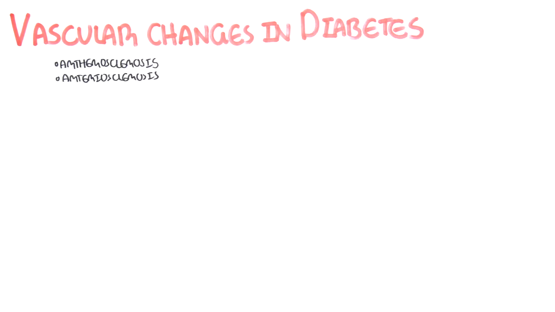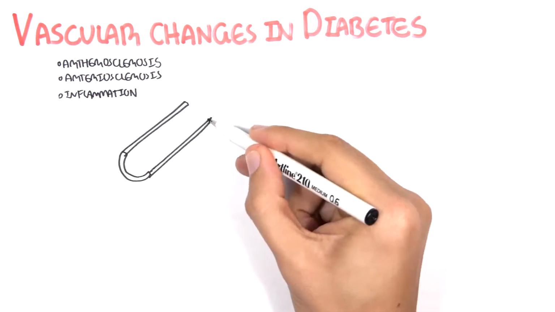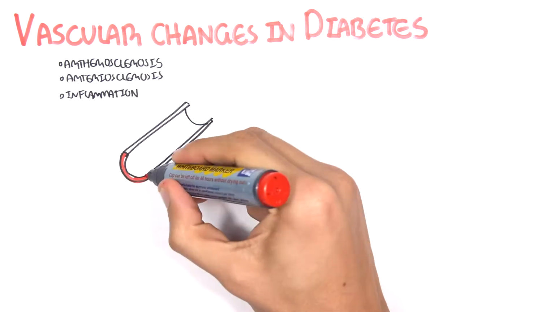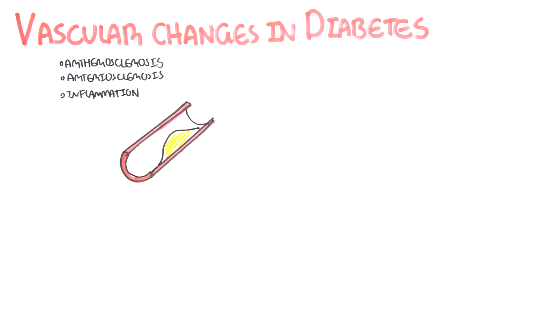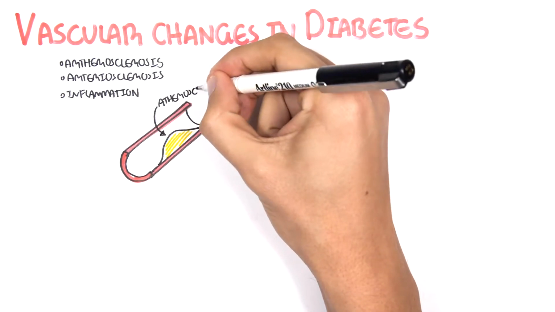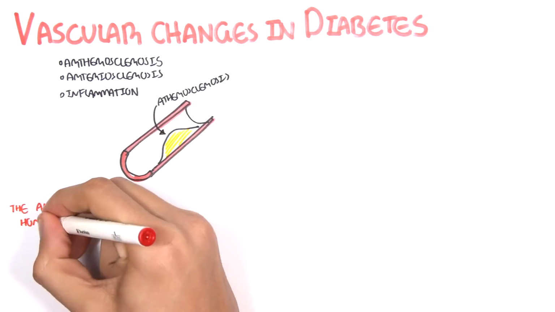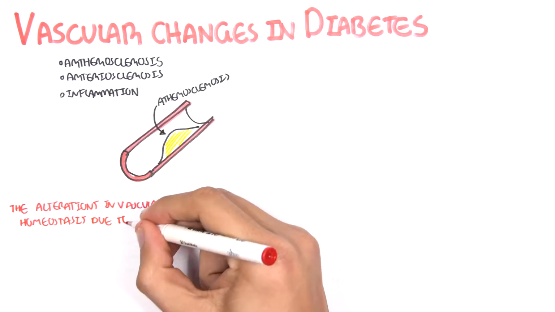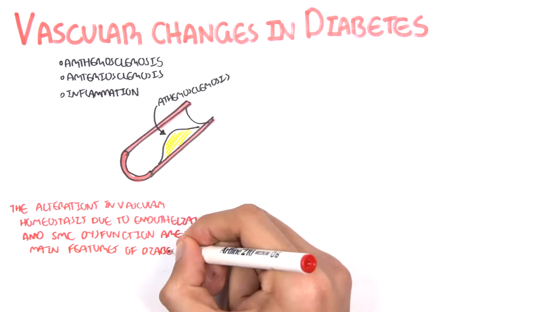Three things happen in the vessels of patients with diabetes: atherosclerosis, arteriosclerosis, and inflammation. Atherosclerosis, remember, is the plaque buildup in the vessel. The alteration in vascular homeostasis due to endothelial and smooth muscle cell dysfunction are the main features of diabetic vasculopathy.